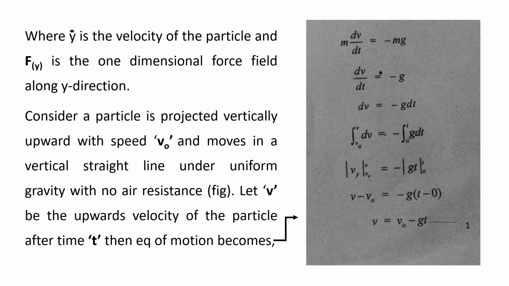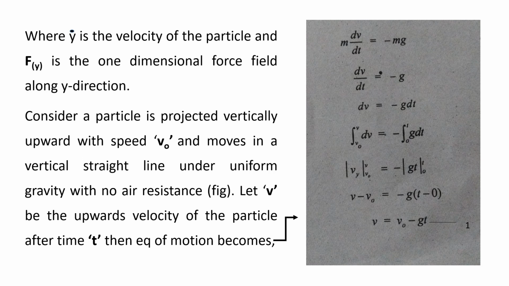Now integrating, integral from v0 to v of dv is equal to minus integral from 0 to t of g dt, and applying the limits we get v minus v0 is equal to minus g into t minus 0.